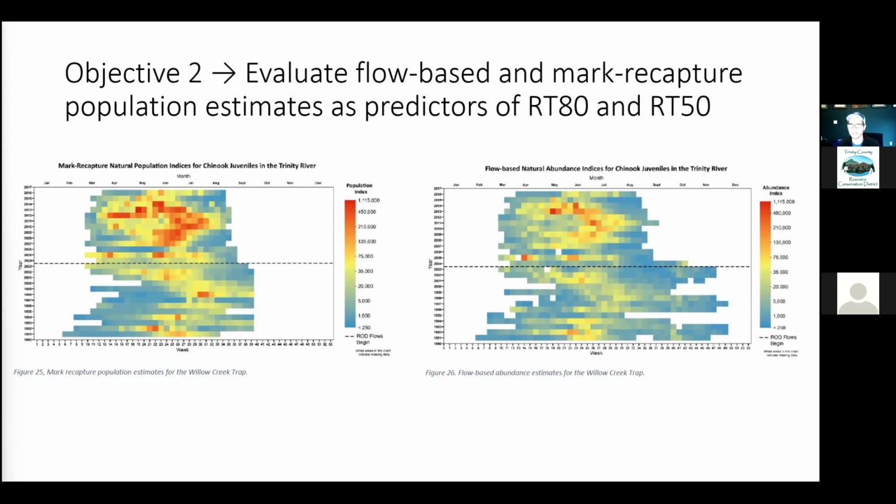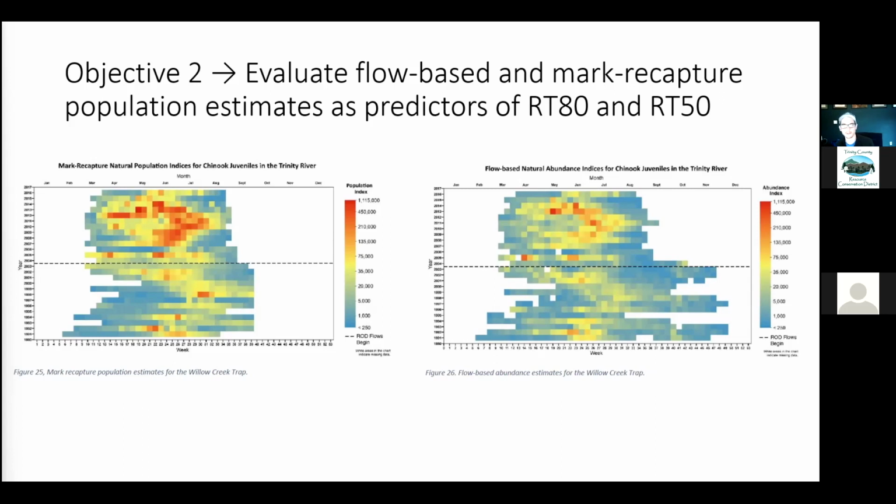And this seems to be the theme: one of them is either overestimating or underestimating, or one of them is correct and one of them isn't. And that's something that we need to determine. But another thing you'll notice is that the flow-based, since we're not dependent on mark recaptured fish, allows us to extend our season.